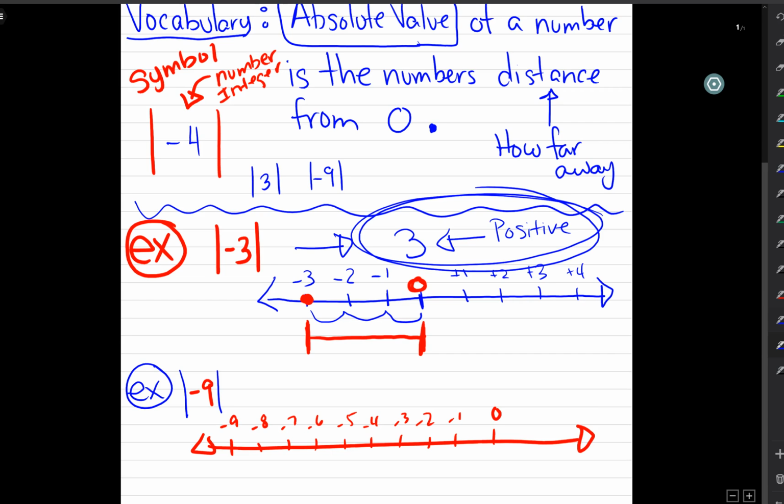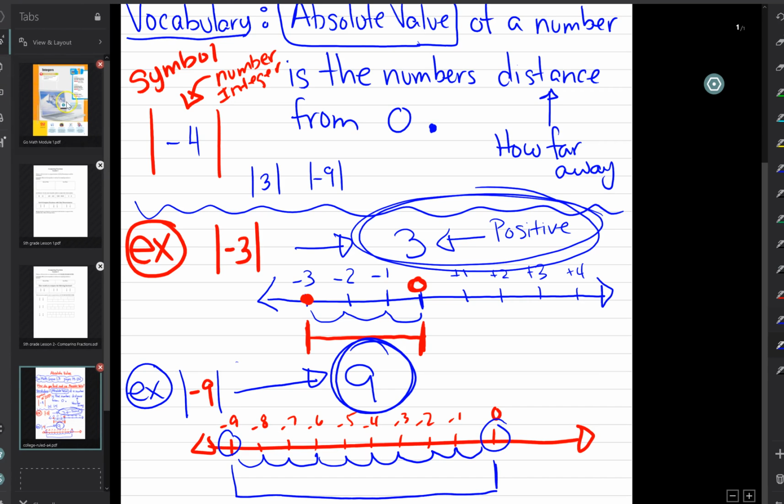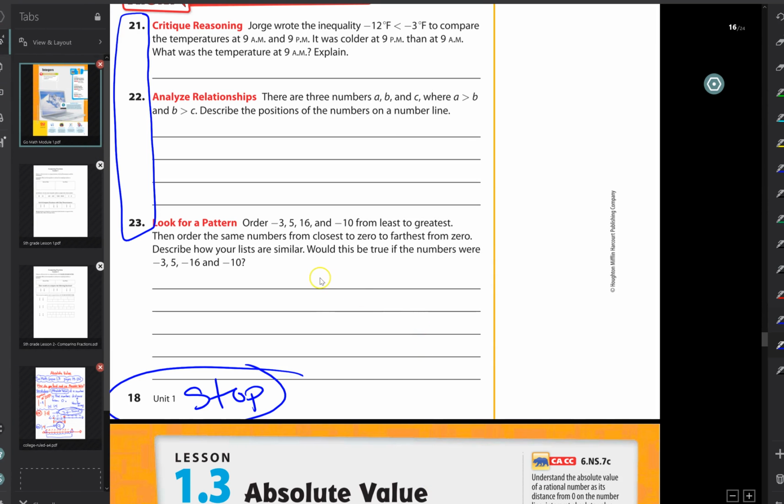So what it's asking me is, what is the absolute value of -9? Well, how far away am I from 0? Here's my 0, here's my -9. 1, 2, 3, 4, 5, 6, 7, 8, and 9. So we are 9. Remember, the answer is always positive. 9 away from 0.